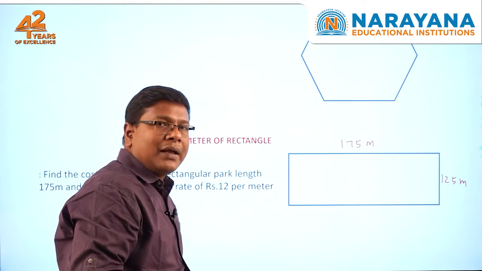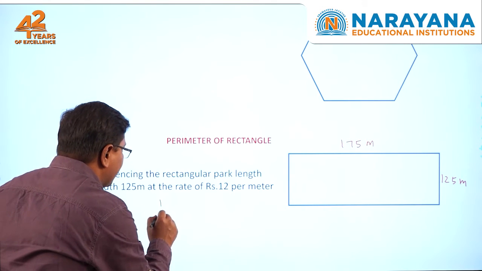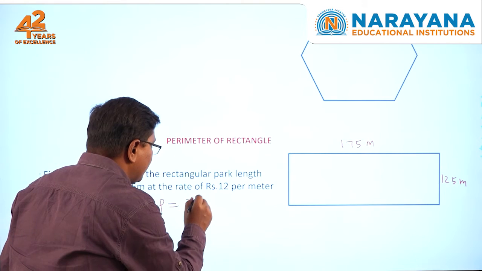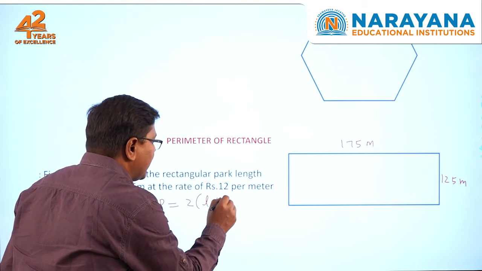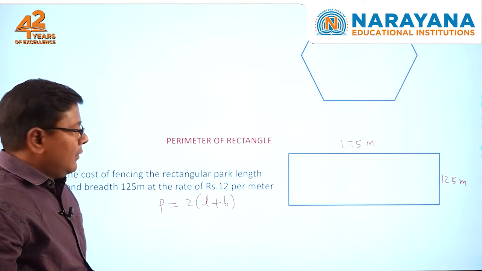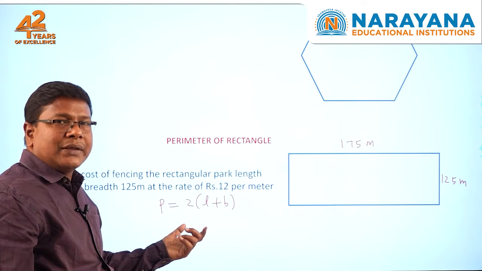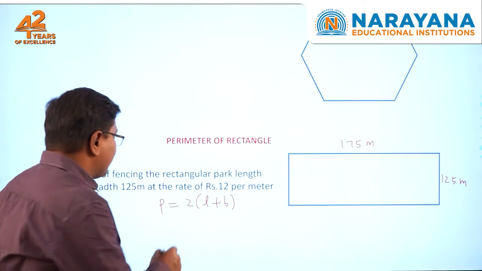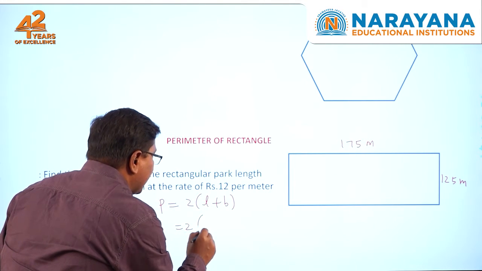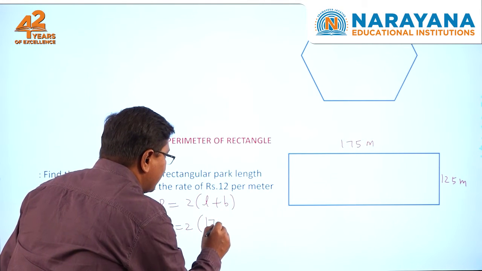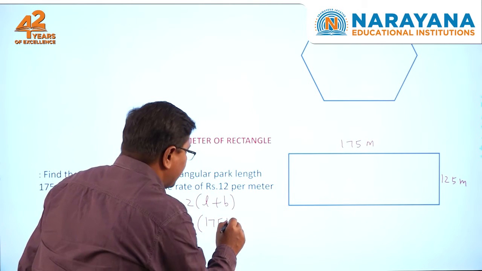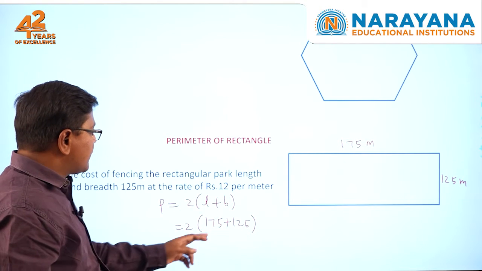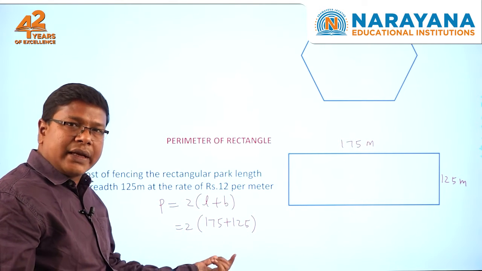We know the formula that perimeter is equal to 2 into (L plus B). Here length is 175 and breadth is 125 meters. Therefore, we get 2 into (175 plus 125). 175 plus 125 gives you 300.